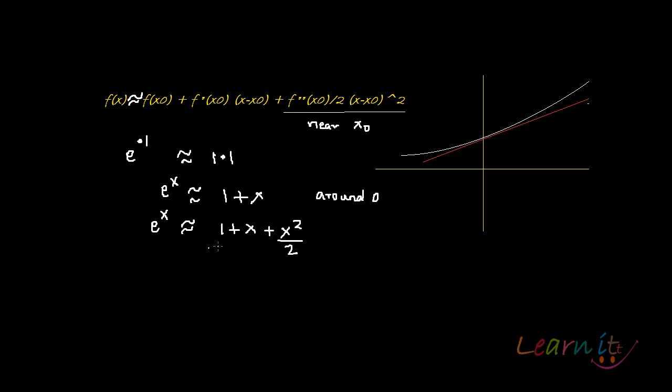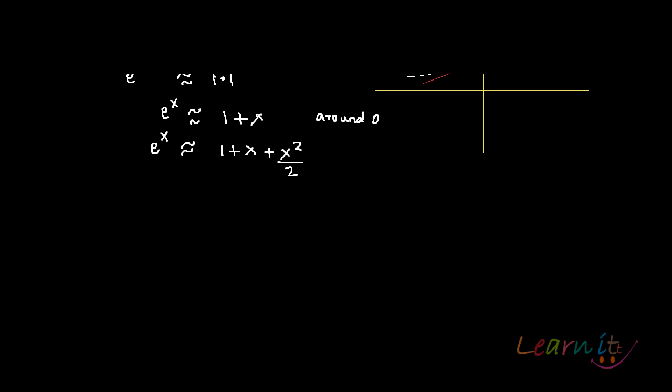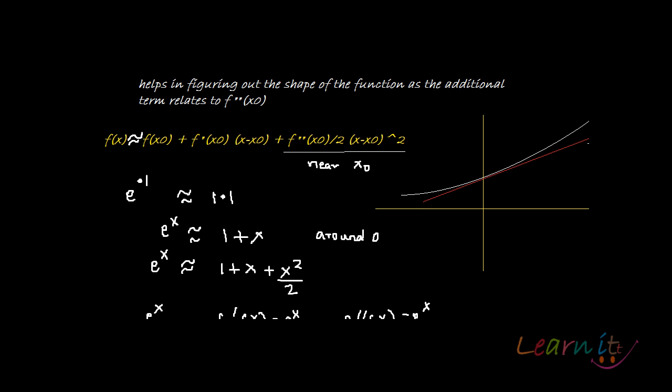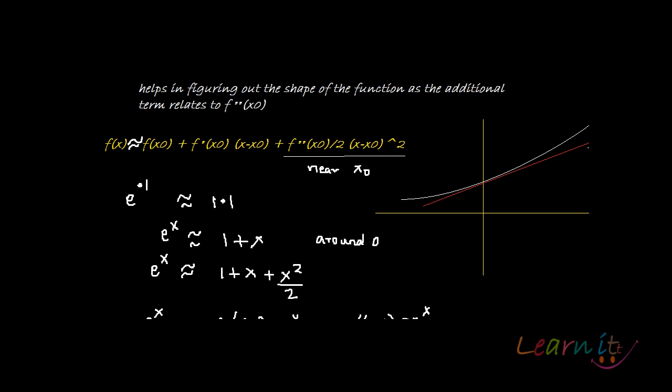Now how do I get this? Essentially f(x) is e to the power x, f dash x is also e to the power x, f double dash x will also be e to the power x. So just directly putting in the formula out here, your f at 0 is e to the power 0, it's 1, plus 1 into x plus 1 into x square by 2.